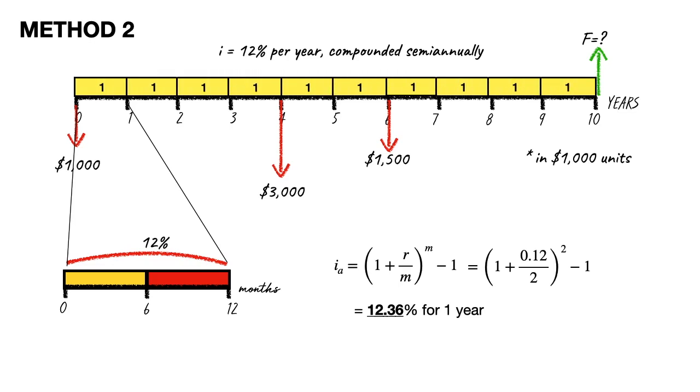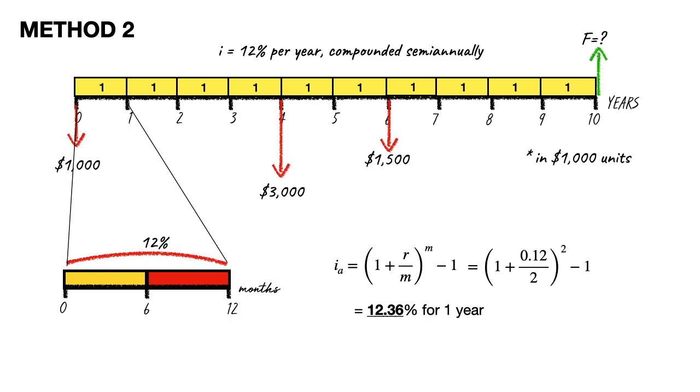Okay, remember, kalau macam in method 1, you use the effective interest rate for 1 block. This time around, we use the effective interest rate for 1 year. Okay, 1 year which is represented in 2 blocks. Okay, so the period is for 1 year. So that is why the kotak-kotak-kotak sampai tahun ke-10 tu I put it as 1. Sebab that 12.36% is represented for 1 year. Okay, hope you see the difference.